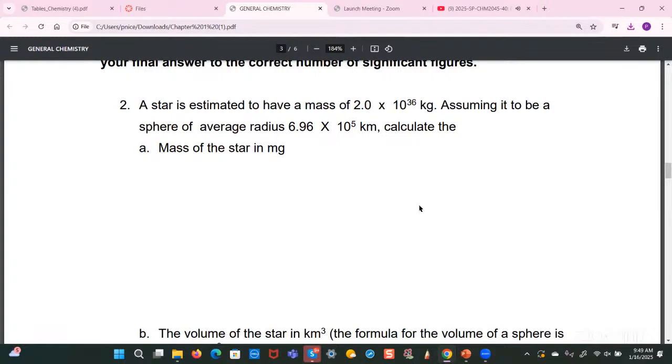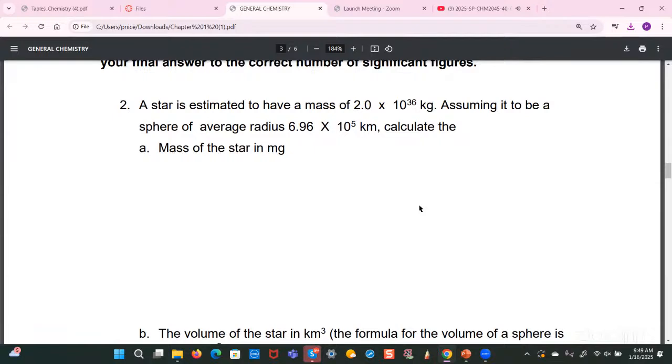This question says a star is estimated to have a mass of 2.0 times 10 to the 36 kilograms, assuming it will be a sphere with an average radius of 4.96 times 10 to the 5 kilometers.